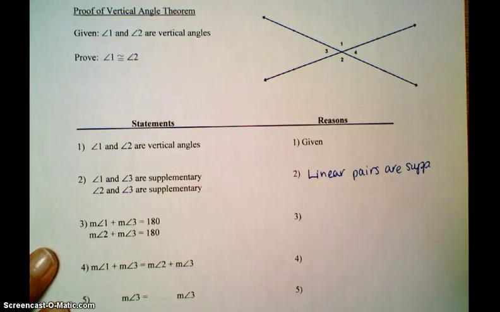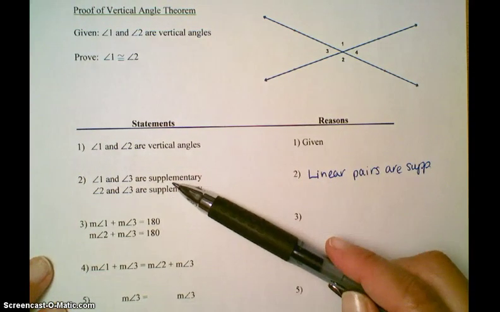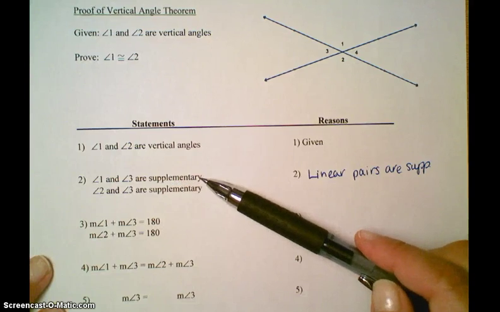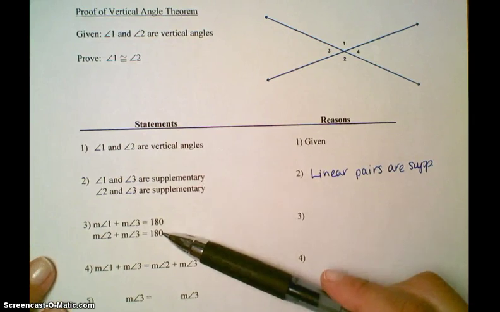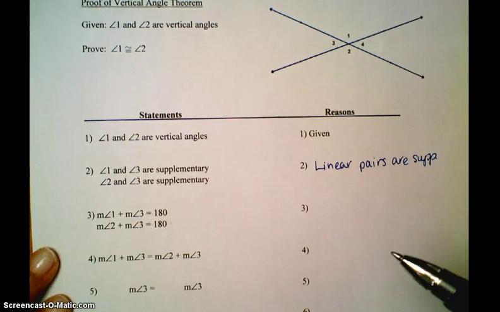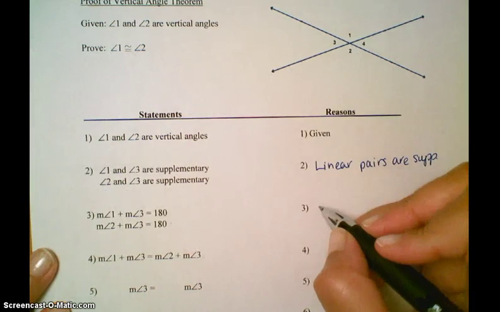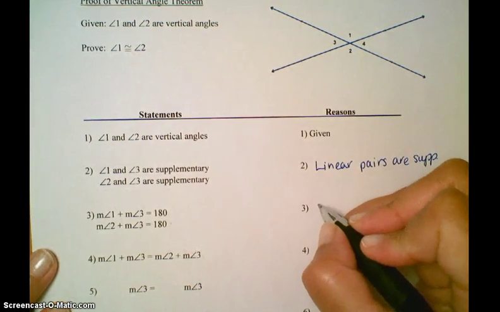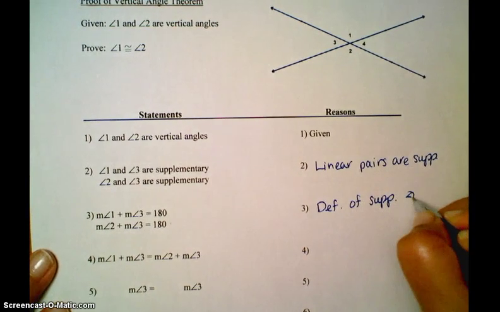Now, once I know that angles are supplementary, almost always I'm going to go from that sentence to the equation that applies to that. Well, being supplementary means that the measures add to be 180, so that's my next step. And my reason will be, go ahead, stop the video, take a guess at what you think it is. Okay, you're back, and the reason would be definition of supplementary angles.